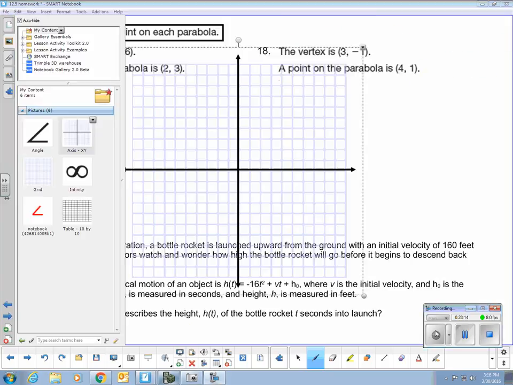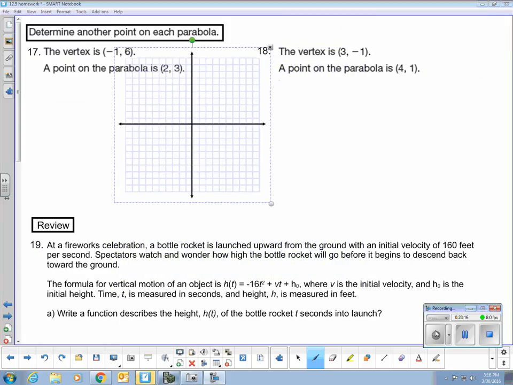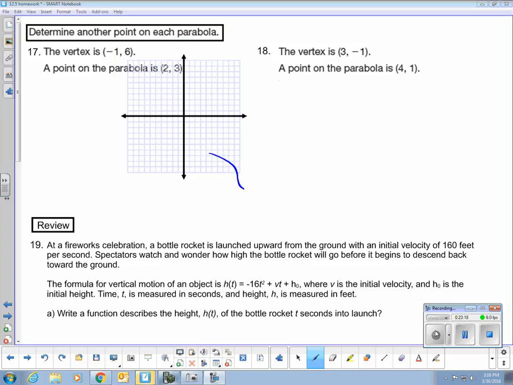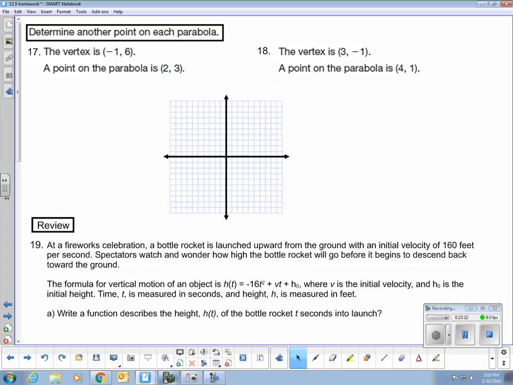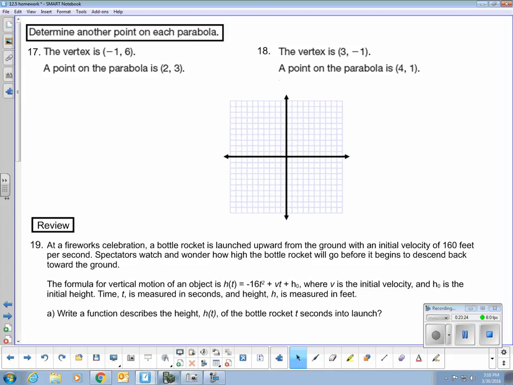All right, number 18, I'm going to use a graph. I think it's a little bit better. Again, I need to find another point. So we're going to start with the vertex at (3, -1). What I know is if this is my vertex, then my line of symmetry has to go through my vertex.